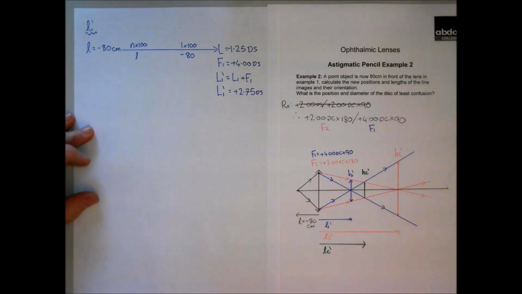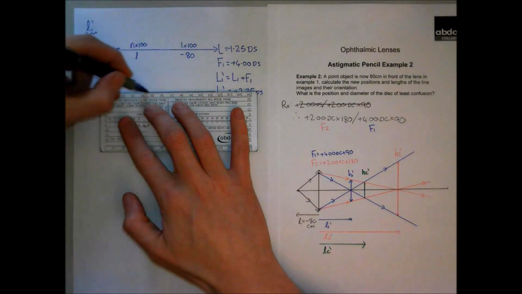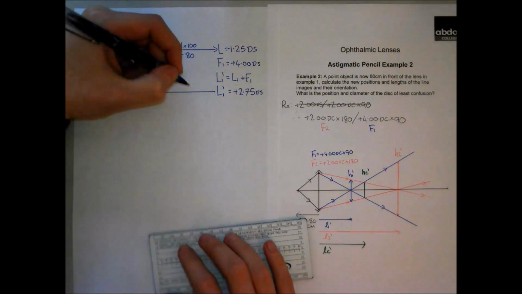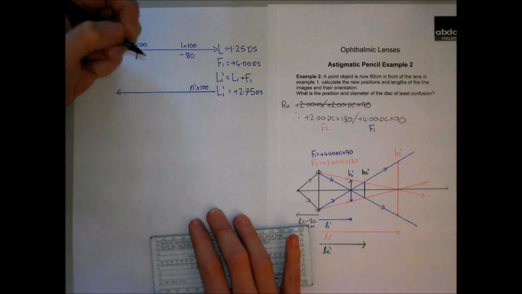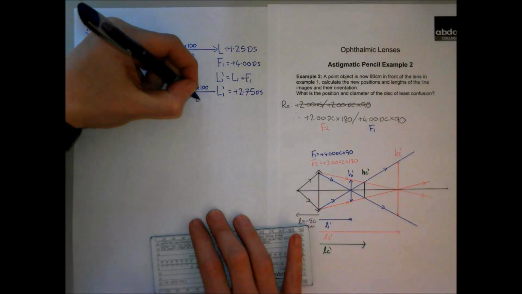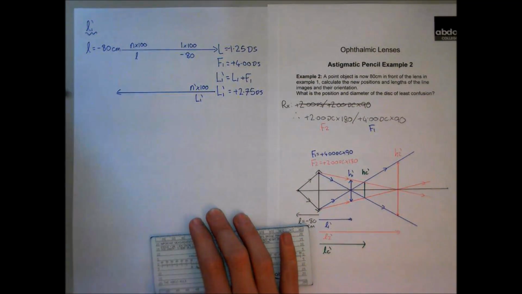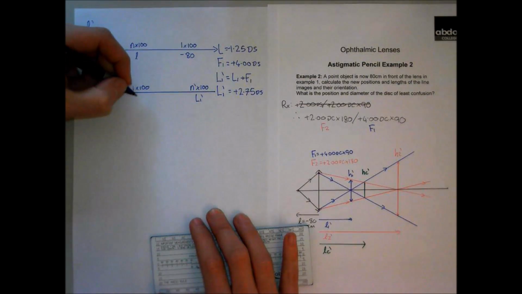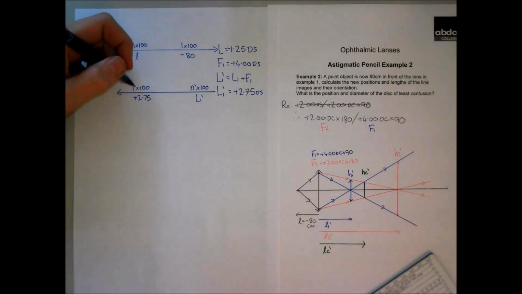When light leaves this lens, it's converging by 2.75 diopters, but what I want to know is where is that coming to a focus. So I'm going to do n dashed times 100 if I want to stay in centimeters, divided by big L1 dashed. This is just like normal ray tracing. N dash is 1 because we're in air, times 100 divided by my plus 2.75.